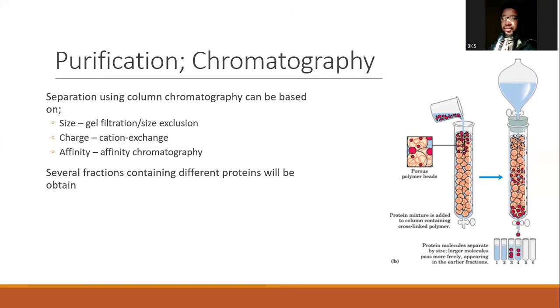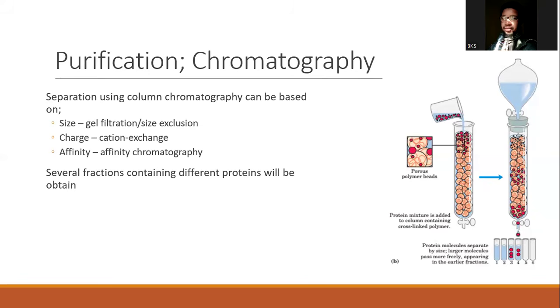And then we have cation exchange or anion exchange chromatography, where the separation is done based on charge. For example, cation exchange resin contains a lot of negatively charged molecules, so those negatively charged molecules can easily interact with positively charged molecules.